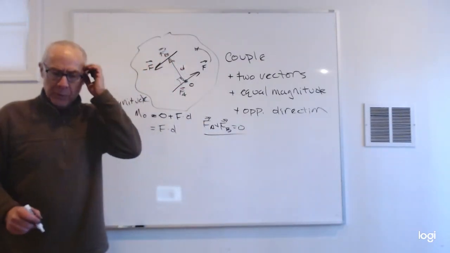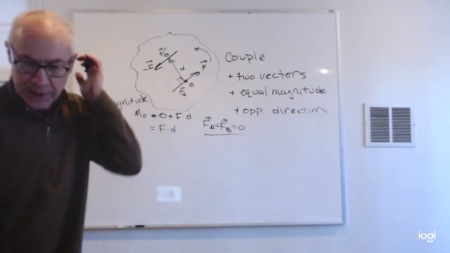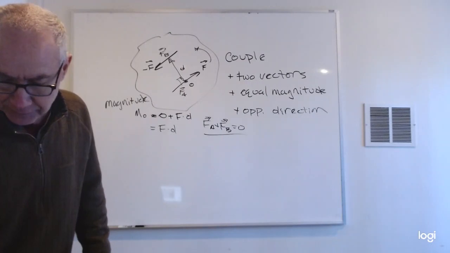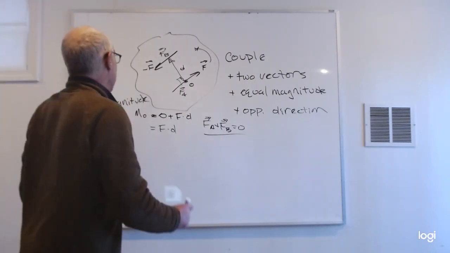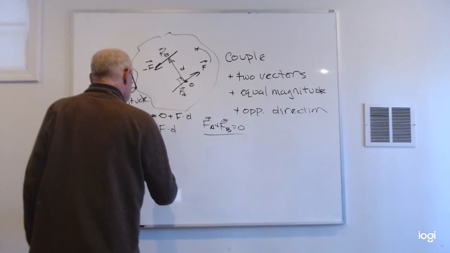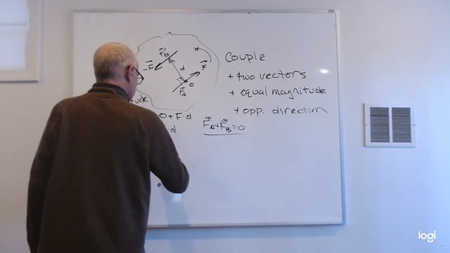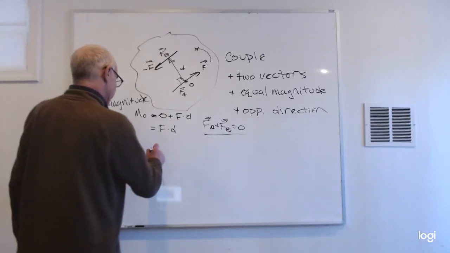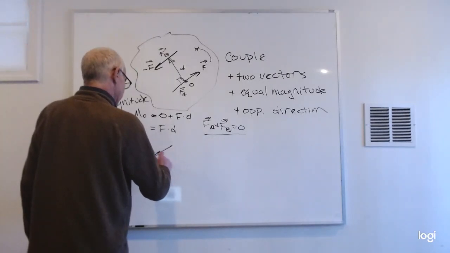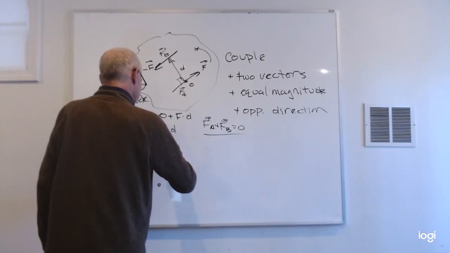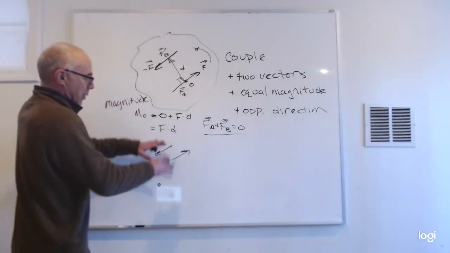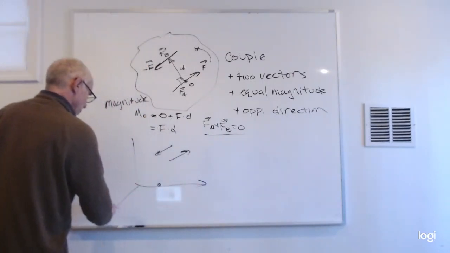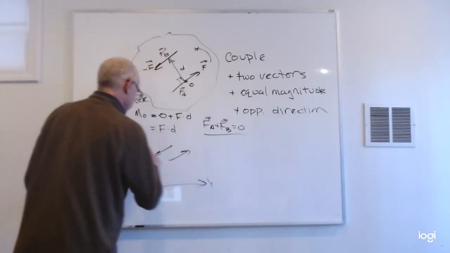So what if we want to evaluate this thing in a general three-dimensional way? I'm going to draw a 3D vector down here. So I'm going to draw my couple here. Let me use the same way I did it in my notes. I'm going to have one going this way, the other one going this way. So we're not in the XY, we're in an XYZ world.